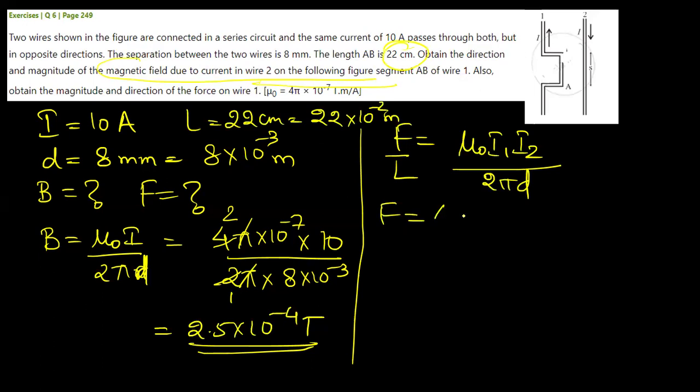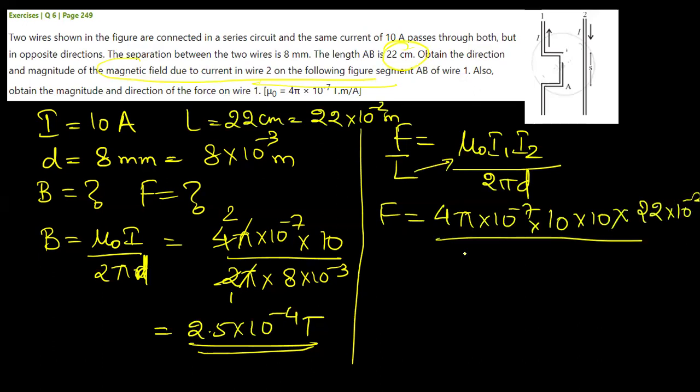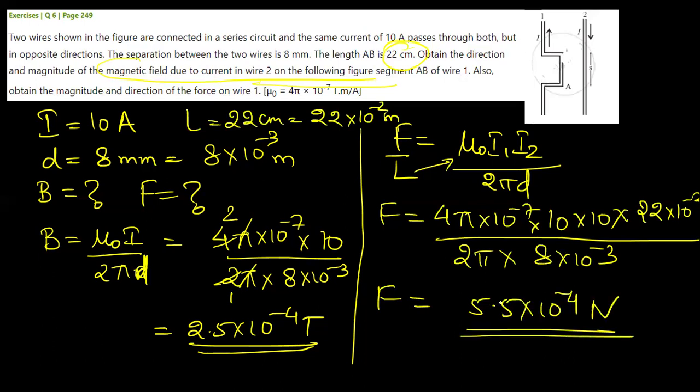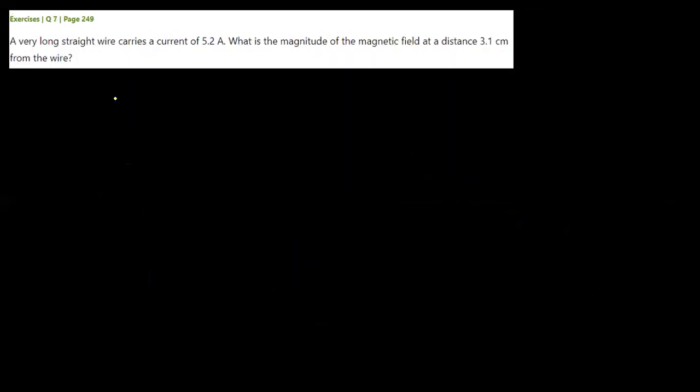So F will be 4 pi into 10 raised to minus 7 into I1 I2, both are 10, multiplied by L, 22 into 10 raised to minus 2, divided by 2 pi into the d value, 8 into 10 raised to minus 3. Students, I've just substituted the values. When you solve, you get 5.5 into 10 raised to minus 4 Newton. This is your force value.